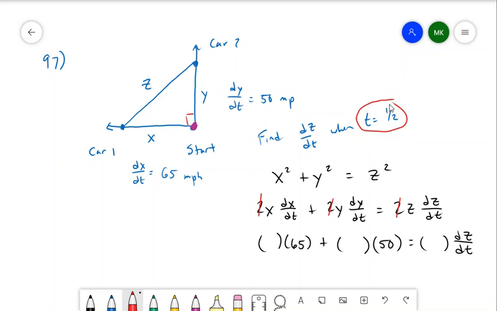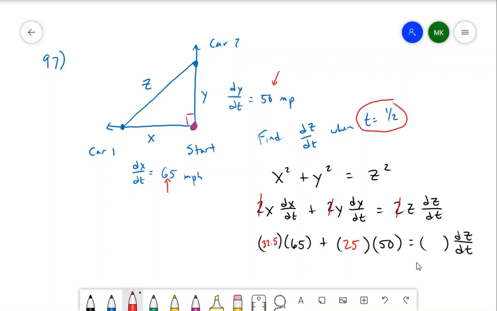If the y car is going 50 miles per hour, after a half an hour it's gone 25 miles. Same thing with x: half of 65 is 32.5.